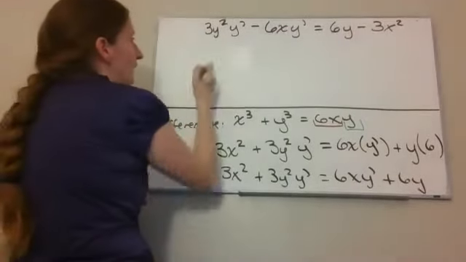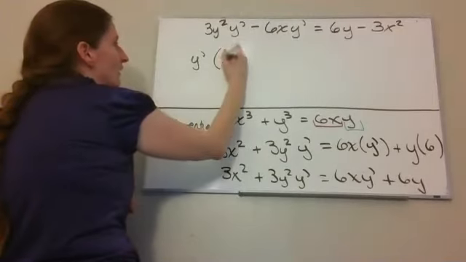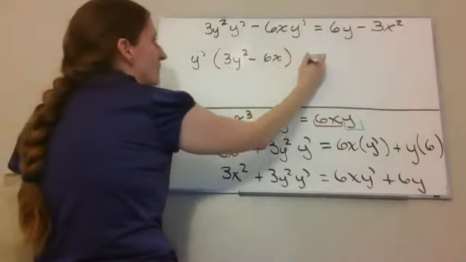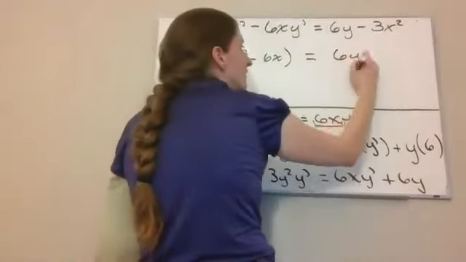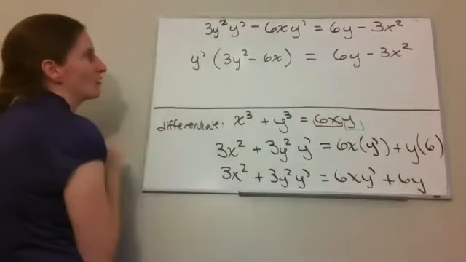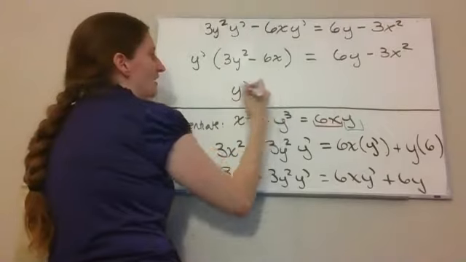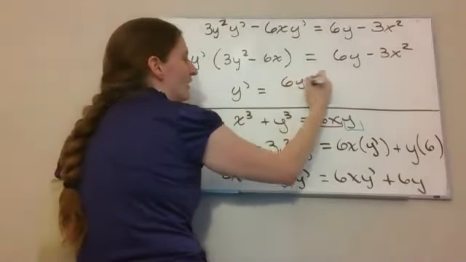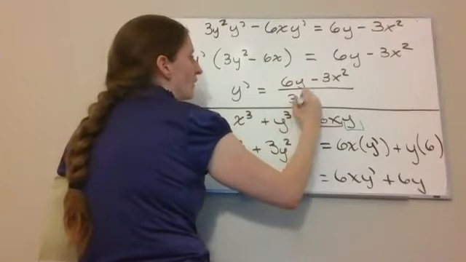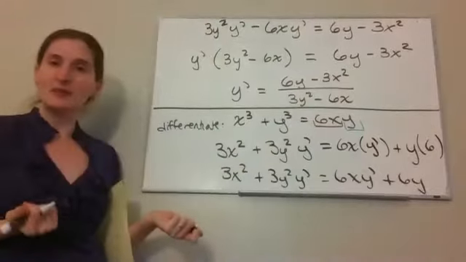And now on this left side, I can factor out my y prime, leaving 3y squared minus 6x. So to get y prime completely by itself, I just have to divide by 3y squared minus 6x. And I get that my derivative is 6y minus 3x squared over 3y squared minus 6x. This can simplify a little bit.